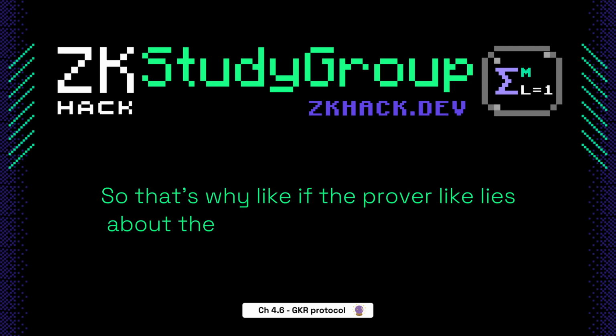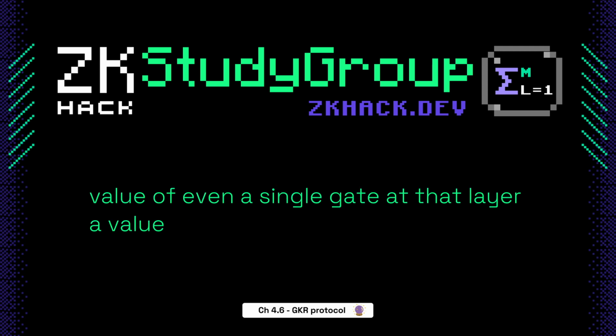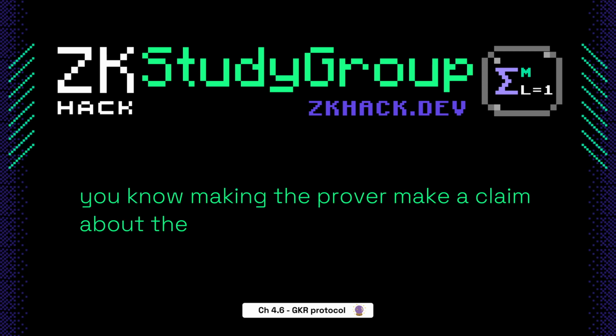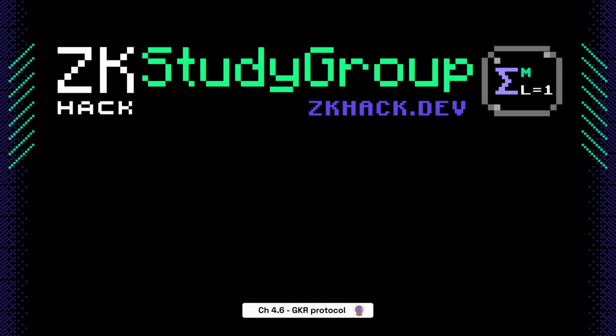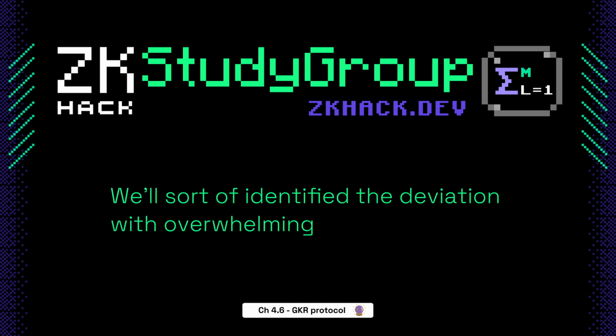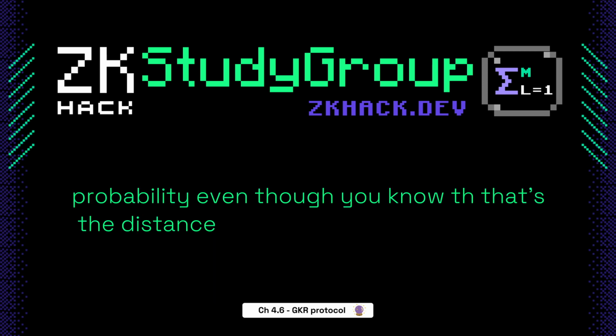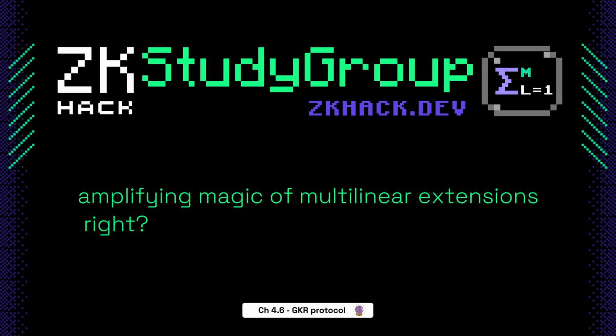So if the prover lies about the value of even a single gate at that layer, making the prover make a claim about the multilinear extension of that layer's gate values will identify the deviation with overwhelming probability. That's the distance amplifying magic of multilinear extensions, right?